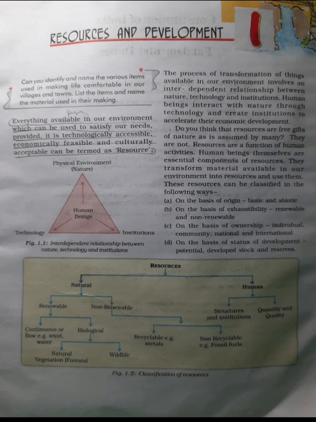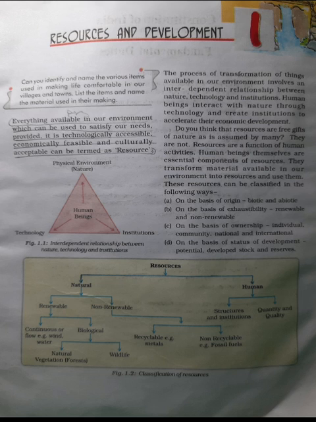We are also a resource, which is the most important resource available in nature, because in the lack of human beings, we would not be able to use those natural resources. So, human beings are the most important resource.